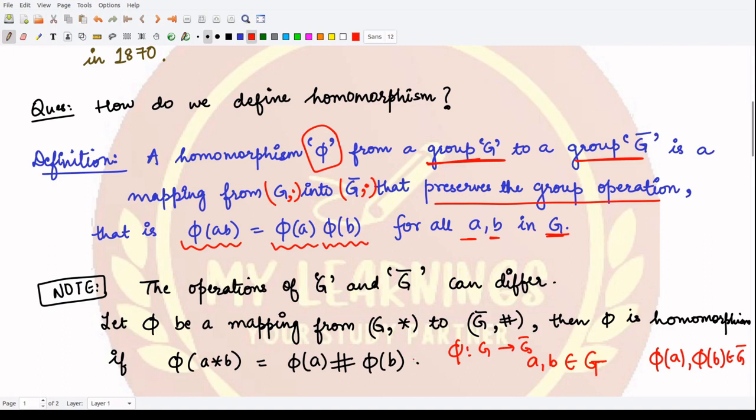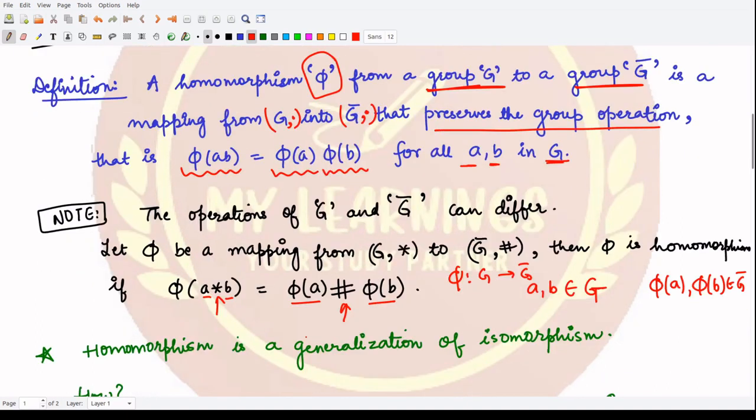That is why on A and B we apply the group operation of G, which is star, and on phi A, phi B we apply the group operation of G bar, which is hash. This is how we write the operation preserving property.